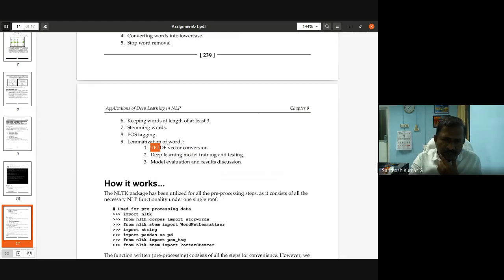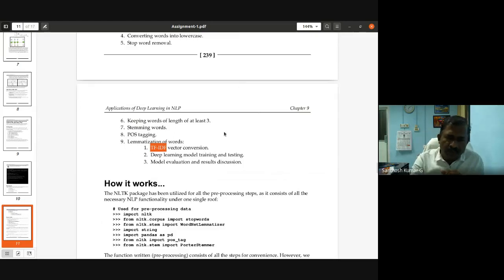So here the representation of the word is basically the TF-IDF representation. We have seen word2vec and GloVe, but this is a simple kind of representation. So all the words we convert into a TF-IDF vector, right?